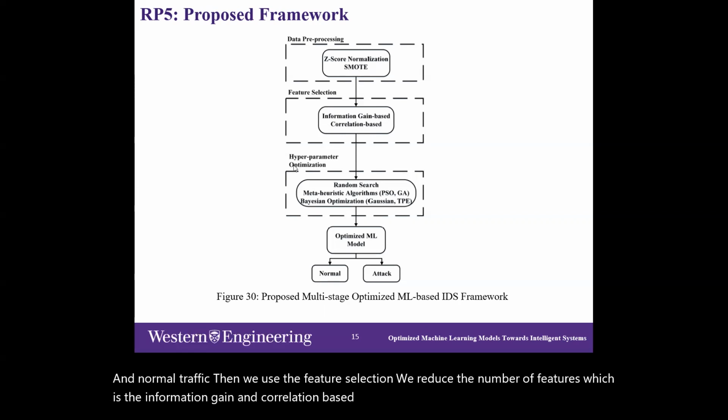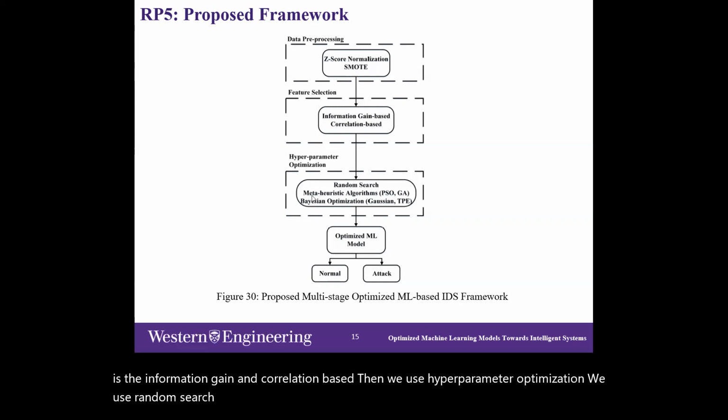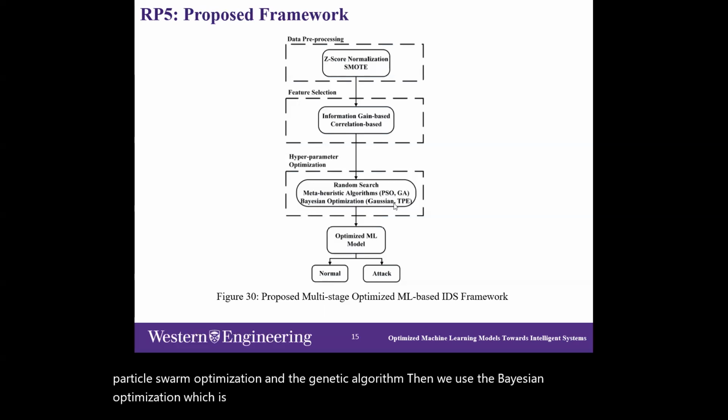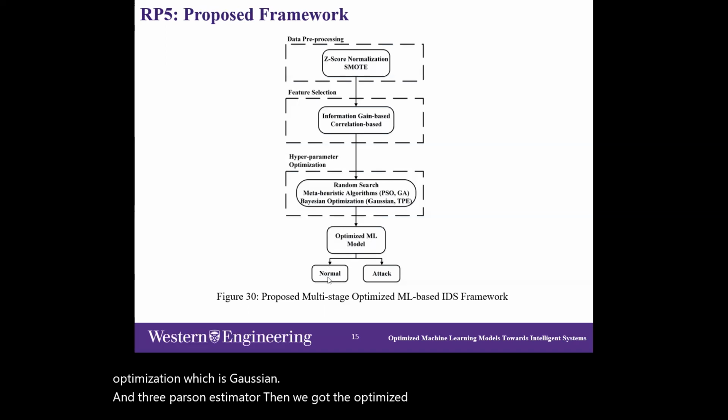Then we use hyperparameter optimization. We use random search, and what we call meta-heuristic optimization algorithms, which are the particle swarm optimization and the genetic algorithm. Then we use the Bayesian optimization, which is Gaussian and tree-Parzen estimator. Then we got the optimized machine learning, and we classify to normal and attack traces.